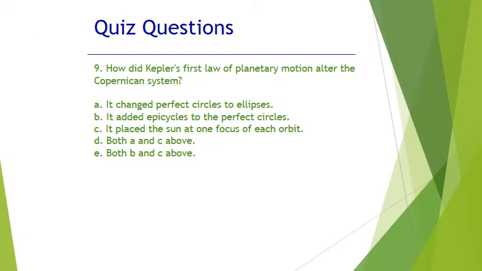Okay, so as I've already mentioned, one of Kepler's big changes was that he no longer assumed that the heavenly bodies moved in perfect circles. He said they moved in ellipses.